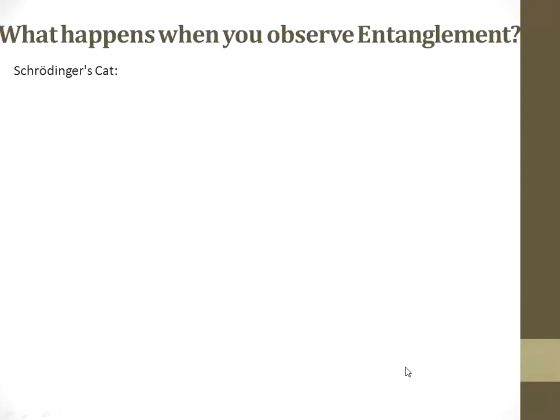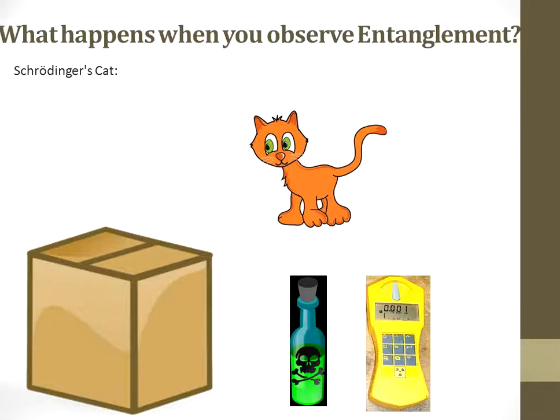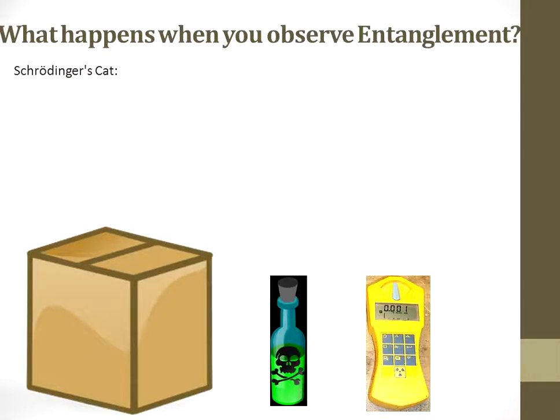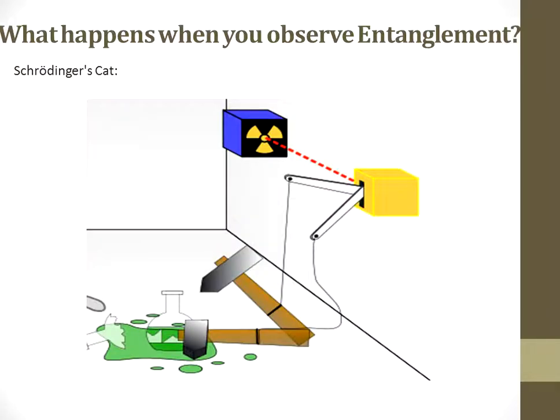So what happens when you observe entanglement? There's a famous experiment known as Schrodinger's cat, and what we need is a box, a cat, a vial of poison, and a radioactive detector. We put all three things into the box, and the detector will detect one radioactive decay, which could happen at any time whatsoever.